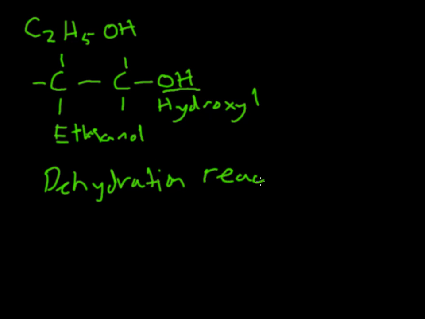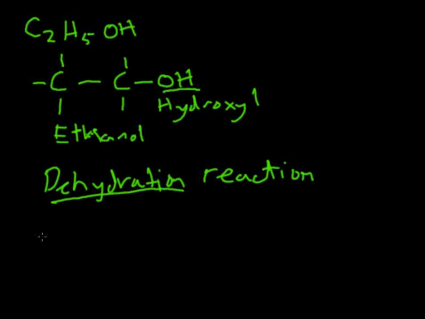So that is the class of reaction. If you want to know if you're converting ethanol into ethene, which is going to be our eventual product, what kind of reaction would you use? Or if you wanted to convert ethanol for its use as a substitute for hydrocarbons, it's a dehydration reaction.